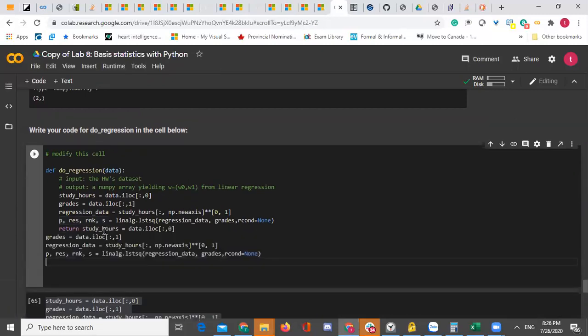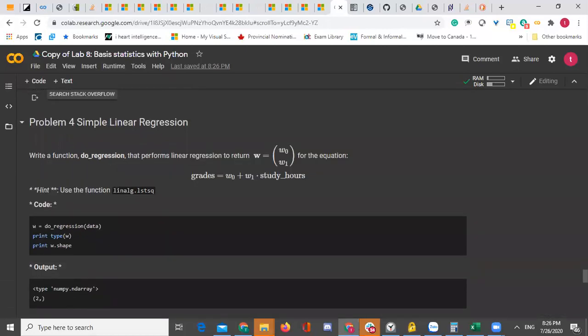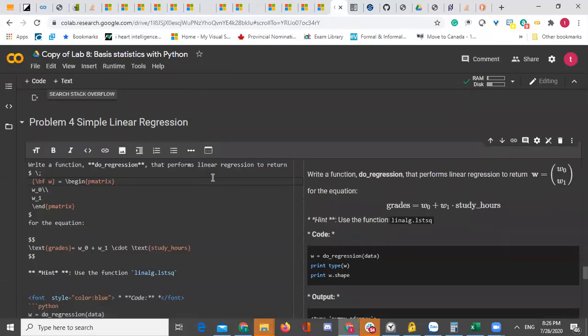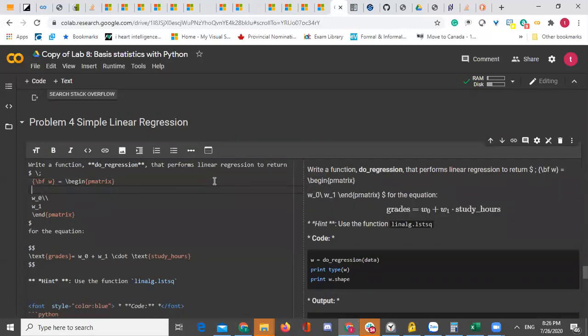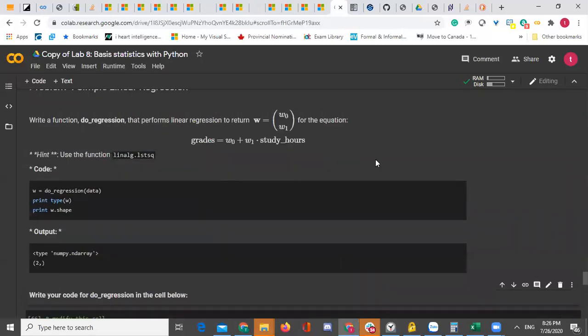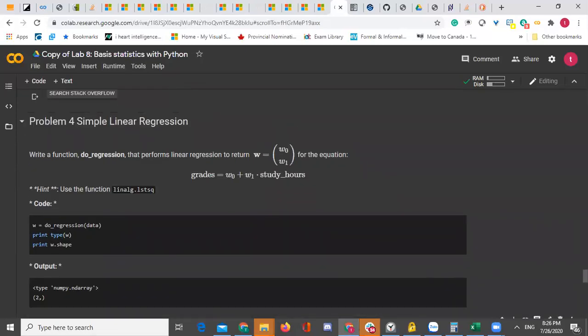No. Go to read your instruction. Yeah, what should it return? You see the shape out.